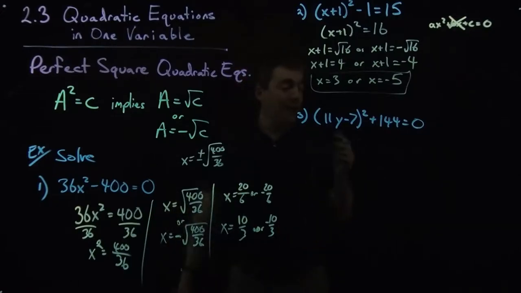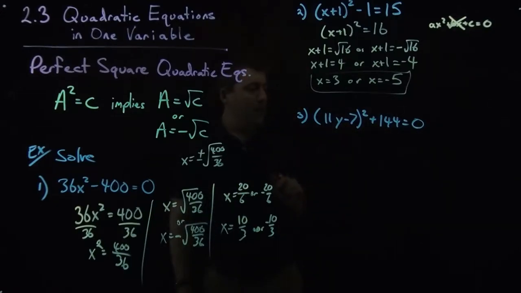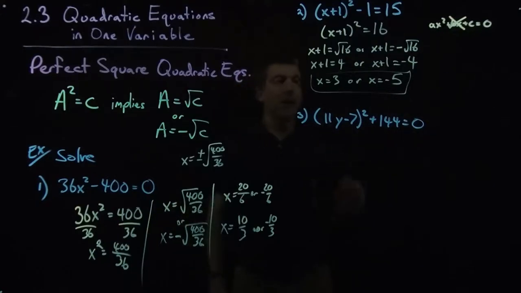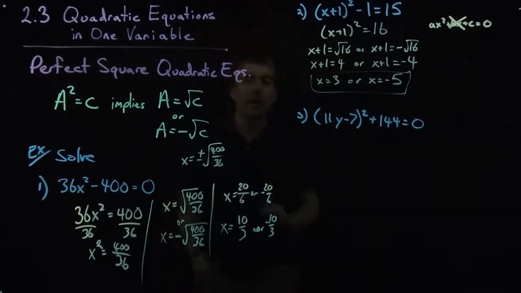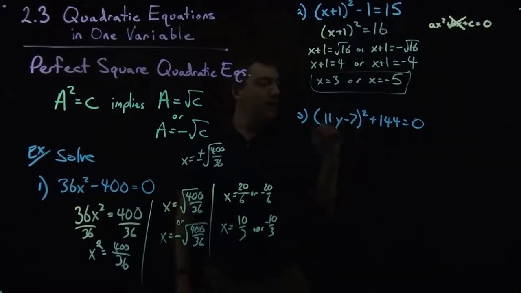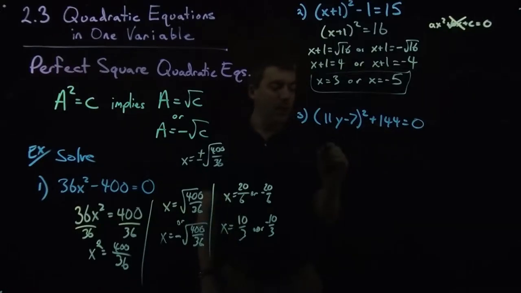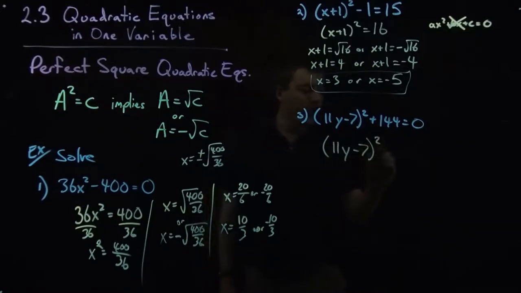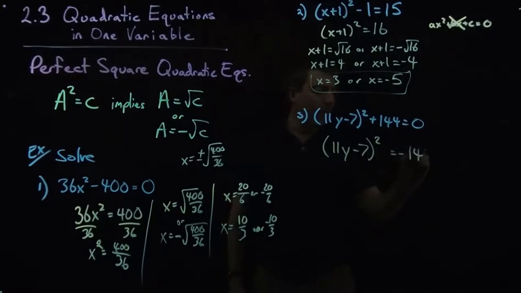All right, last one. This is very similar. So if you'd like to, go ahead and pause the video and work it just like this one. Okay, let's subtract the 144. So we have 11y minus 7 squared is negative 144.